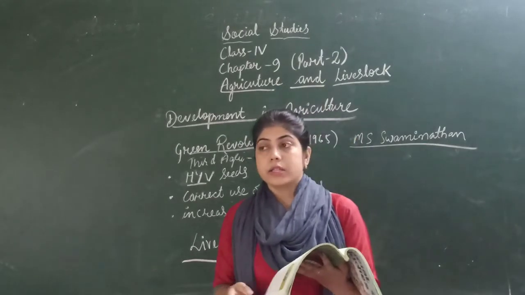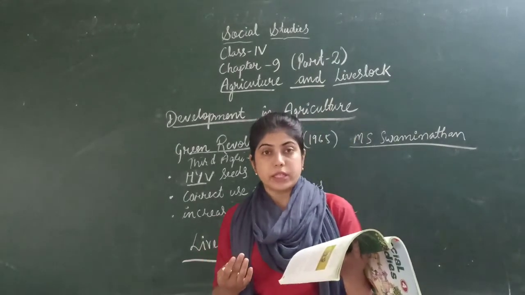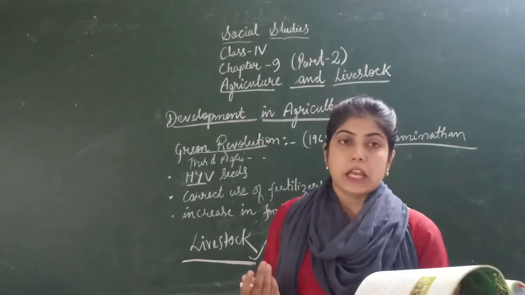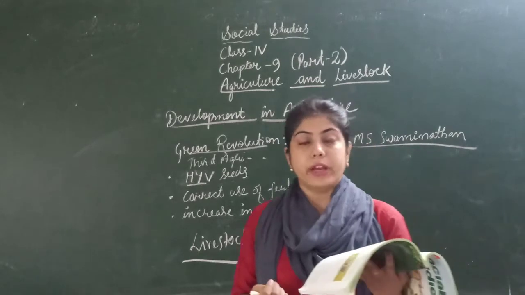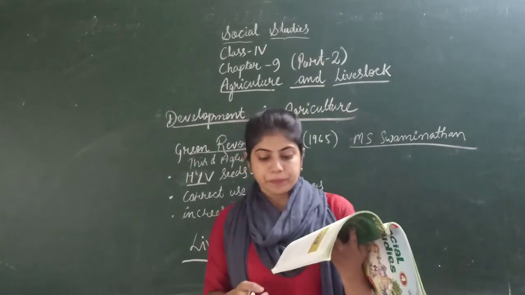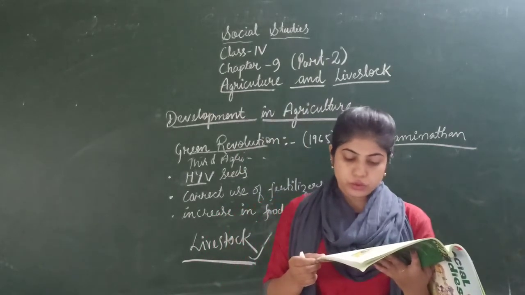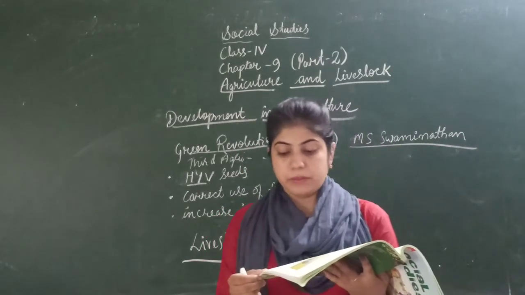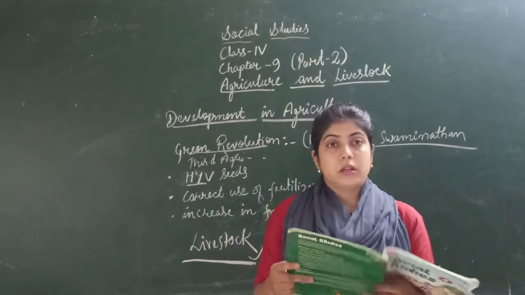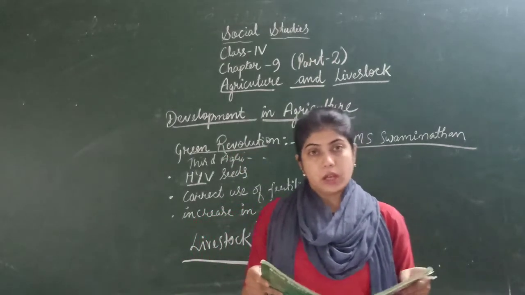So if I am asking you a few examples of domestic animals, what would you reply? You would reply, a few domestic animals are cow, buffalo, sheep, goat, camels, etc. So they are useful to us and serve us in many different ways. So these animals play an important role in our life.